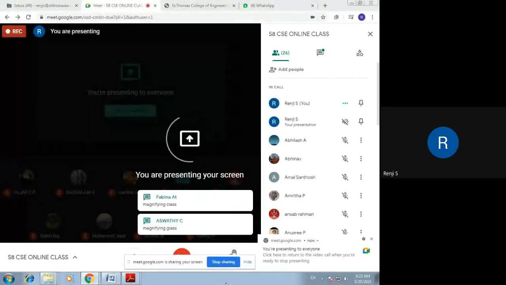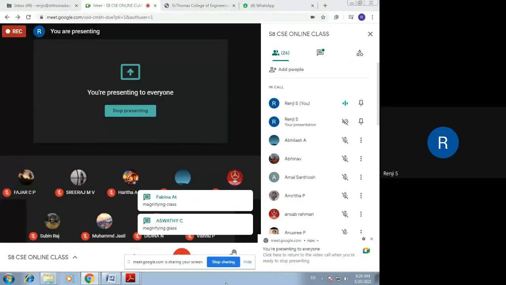So can you name the components that we have discussed right now? Yes, magnifying glass or lens, then multimeter. Yes, multimeter.